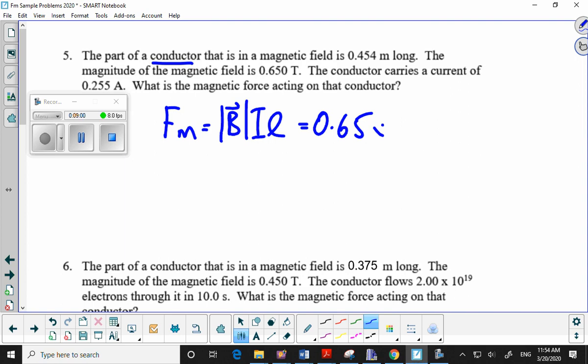0.65 is the magnetic field intensity. The current is 0.255. And the length of the conductor in the field is 0.454.